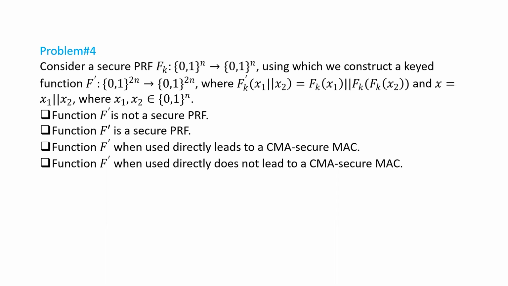Then the adversary can query the oracle with some x1' concatenated with x2' such that x1 is not equal to x1' and x2 is not equal to x2'. Then if it is interacting with a PRF, it gets back f(x1') concatenated with f(x2'), right?